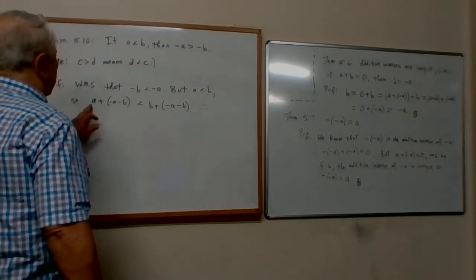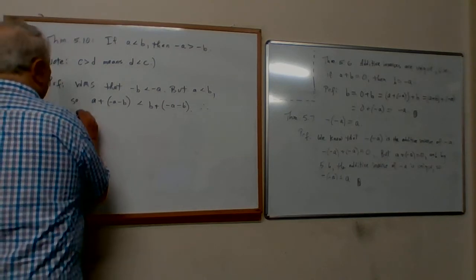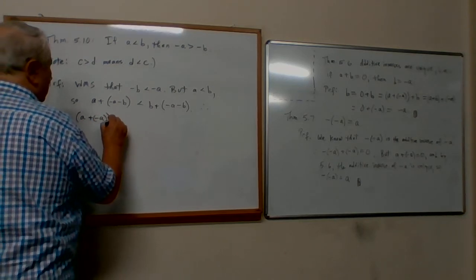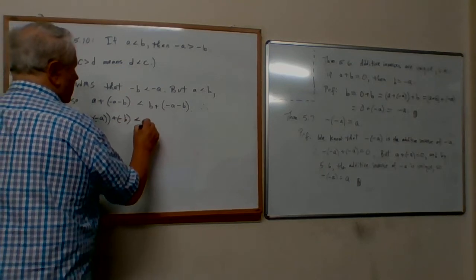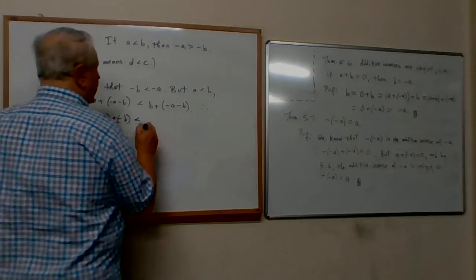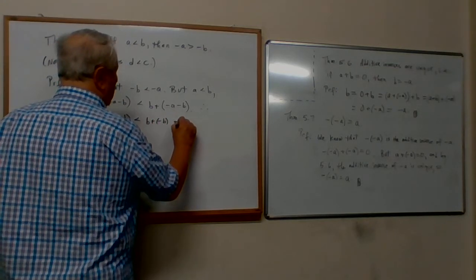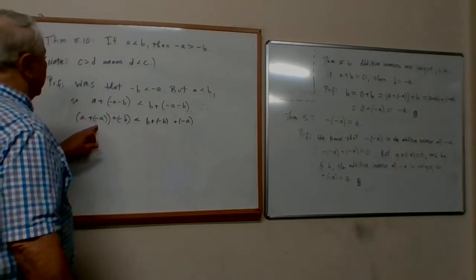Therefore, now, if I reassociate, what is A plus negative A? And since addition is commutative, I can combine the B with the negative B. But A plus negative A is 0.